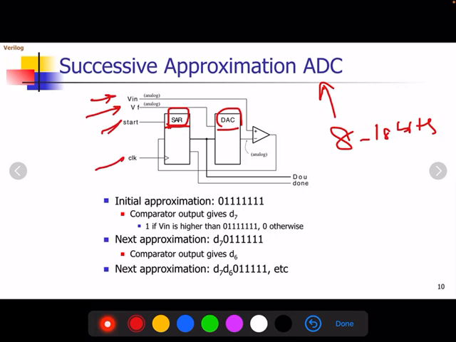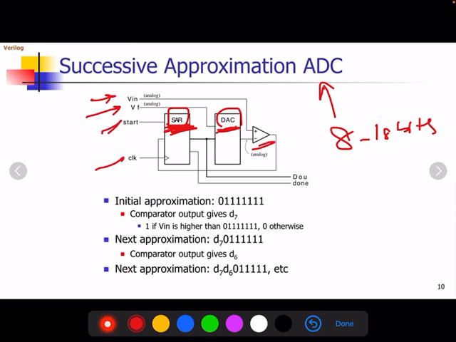So it consists of a comparator, a digital to analog converter, and a successive approximation register, along with the control circuit. These three are the major units: the digital to analog converter, the successive approximation register, and the op amp or control circuit.